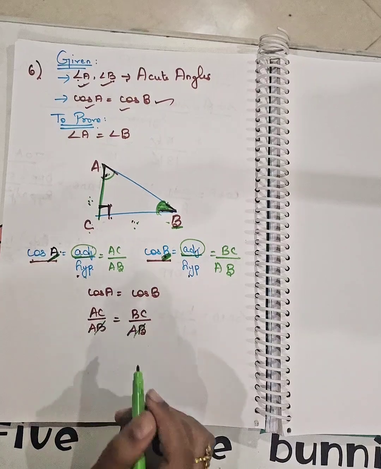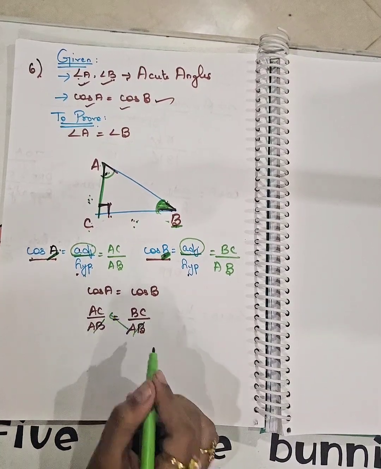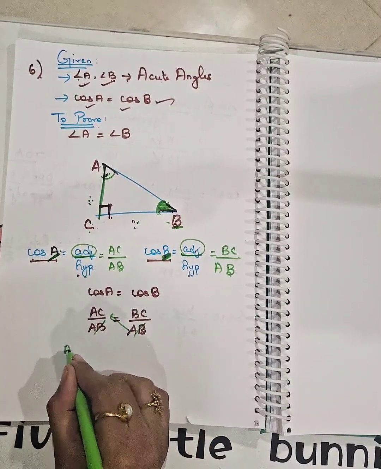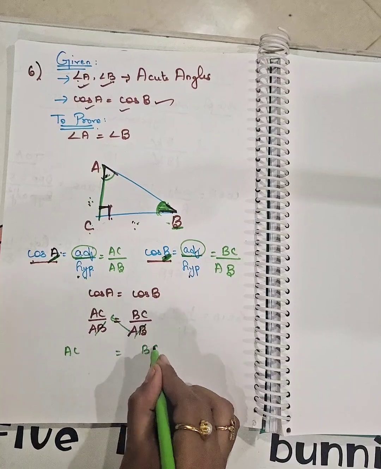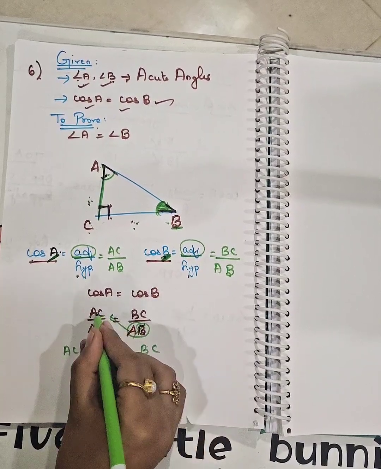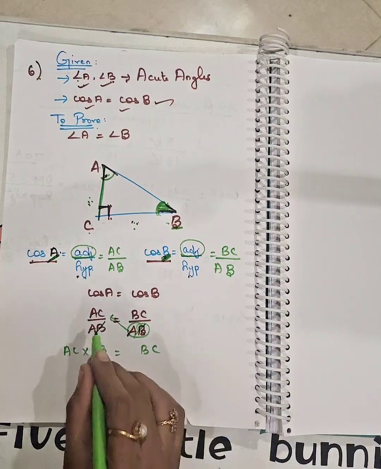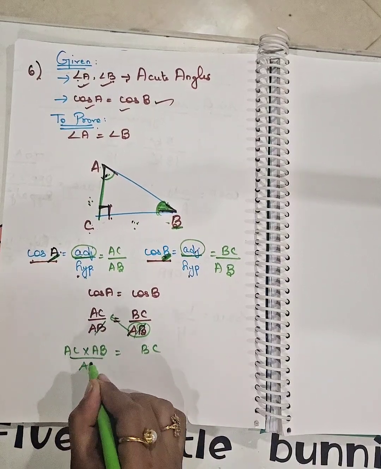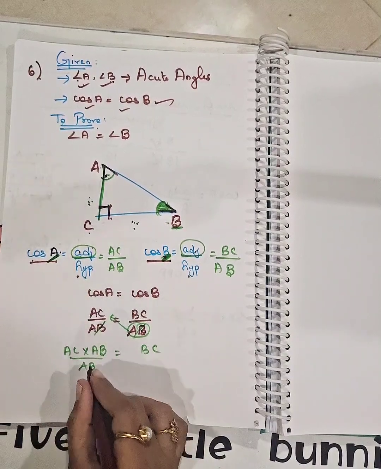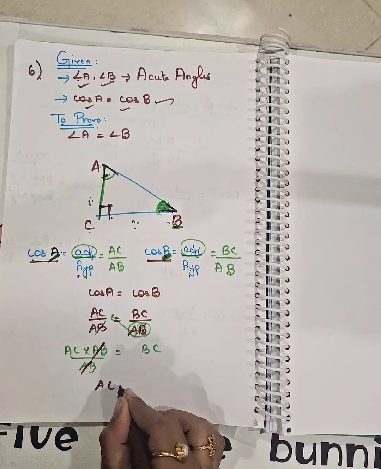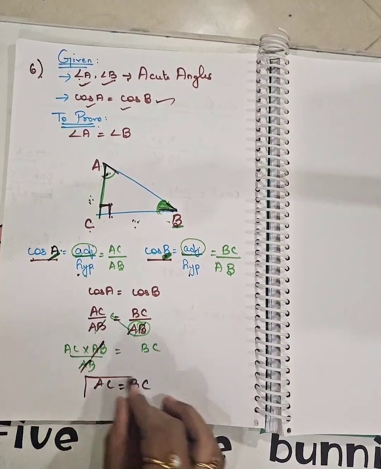How can it be cancelled? The division of AB will go to the other side and become multiplication of AB. Already one AB is there, right? So both will get cancelled. So AC is equal to BC.